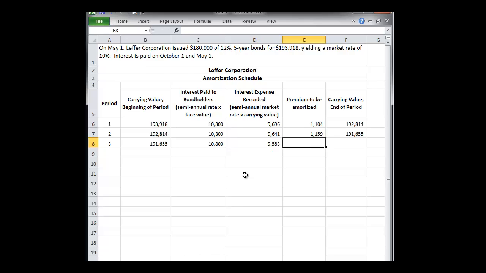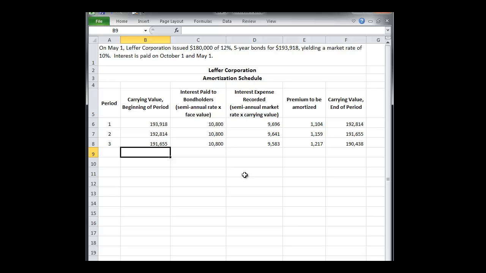Okay, and my premium to be amortized is the difference between my interest paid to bondholders and the interest expense that I calculated of 9,583. Now my ending carrying value is going to be my beginning carrying value for period 3 minus my amortized premium of 1,217.